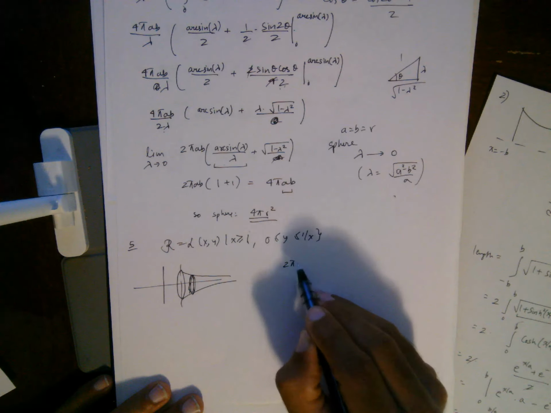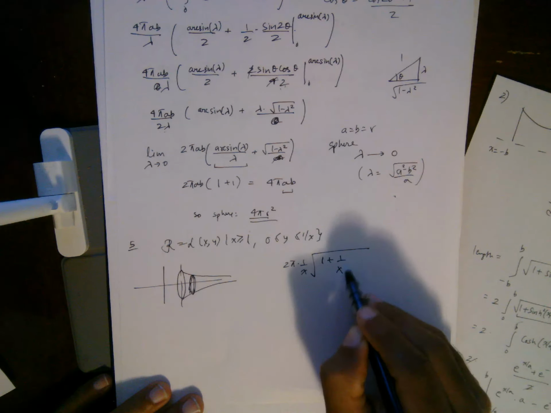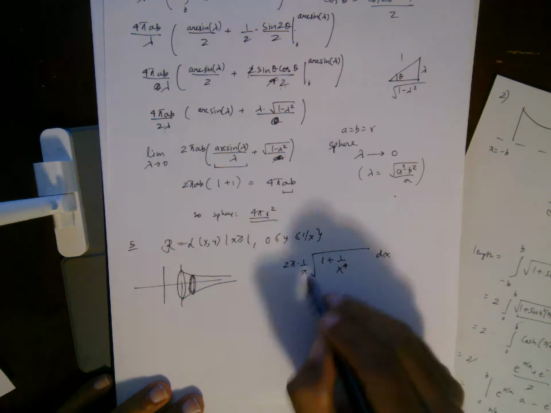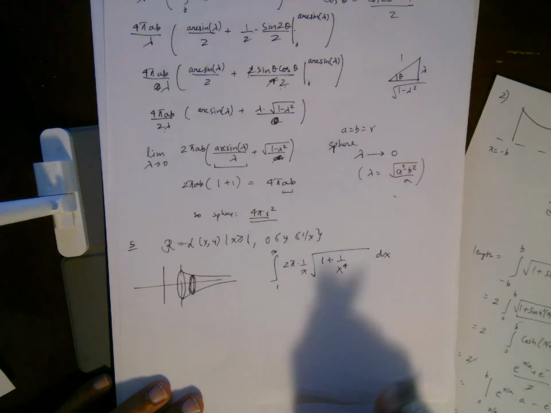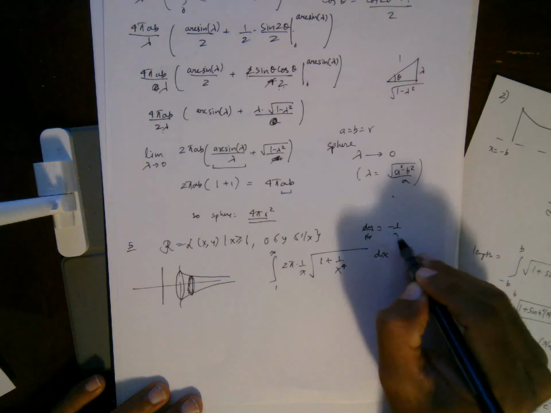so 2 pi y, which is 2 pi 1 over x, root of 1 plus 1 over x to the 4, from 1 to infinity, right? Well, because dy over dx is negative 1 over x squared.